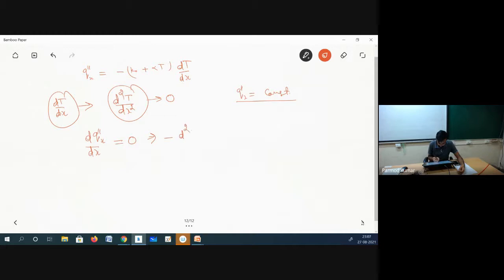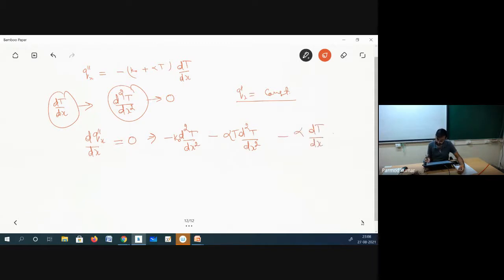minus k naught into d square T by dx square, minus alpha T into d square T by dx square, minus alpha into dT by dx.